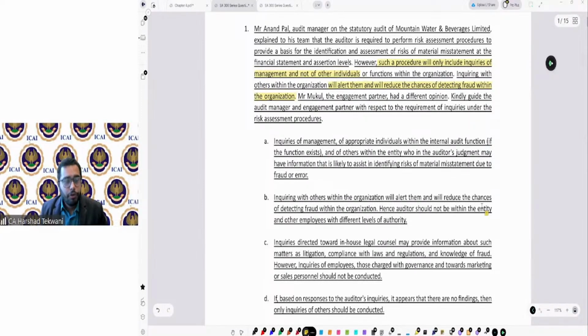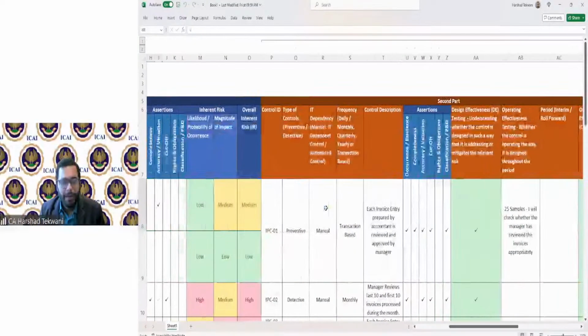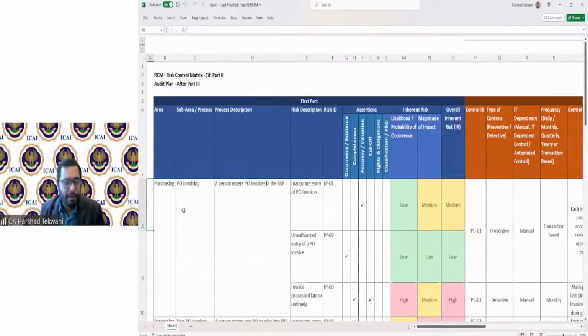Okay, so see, a few things. Number one, when we do inquiries, let's say you are preparing this particular file. Here you will go and perform the inquiries with management to understand everything. Remember, we discussed how to reach this particular place, the starting point, the first part.